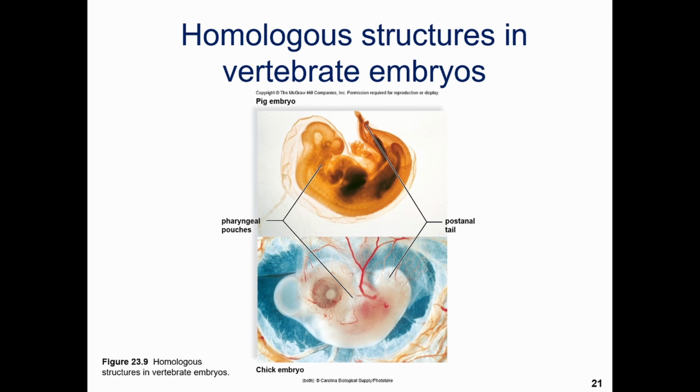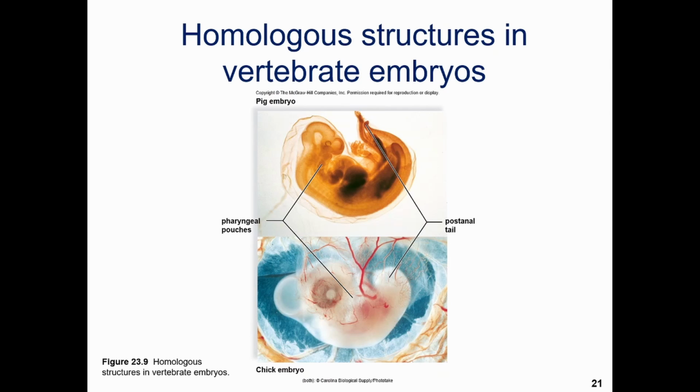We also see homologous structures in vertebrate embryos. If you look very, very early in development, for example, right here we're looking at a pig embryo and a chick embryo. If I didn't have those labels on there, you probably wouldn't be able to tell them apart very well. You might not realize that they were even that vastly different. Because the earlier you go in development, the more and more similar we look.